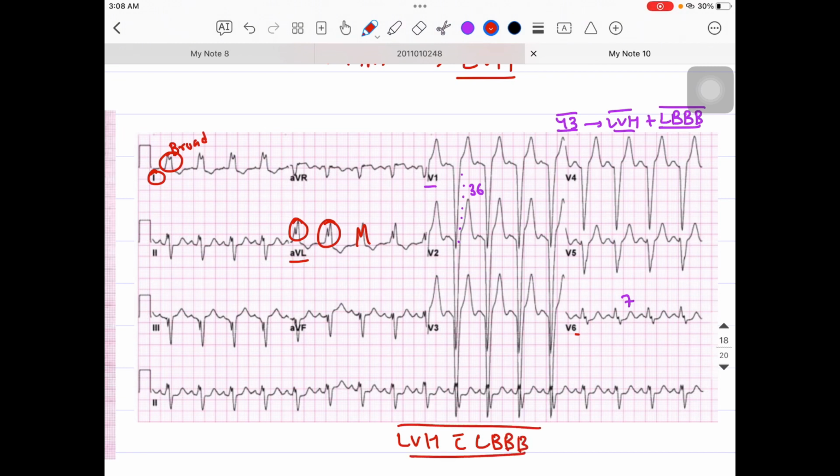So I hope now you have a clear understanding about LVH and LBBB. When we look at an ECG, we can now find out easily whether this patient has either LVH or LBBB, or in some patients you might say that the patient has both, that is left ventricular hypertrophy along with left bundle branch block too, right?